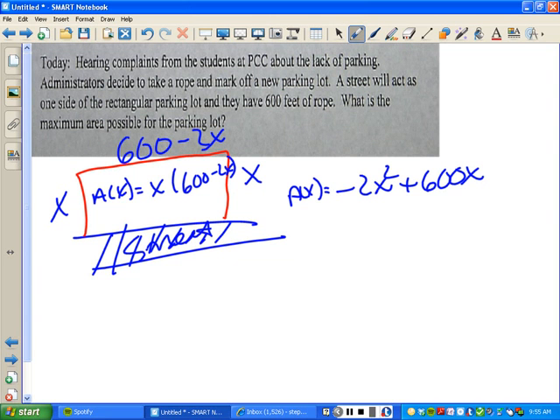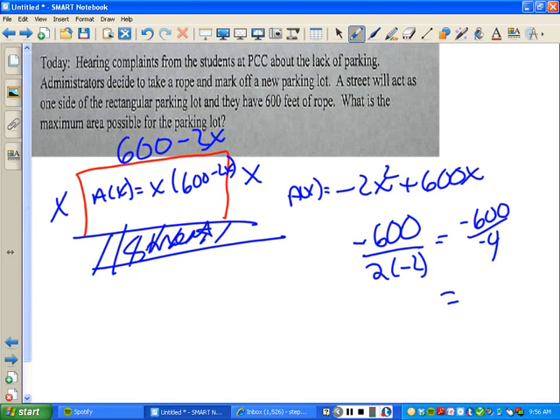Now, how do you find the vertex? Negative b divided by 2a. So you have negative 600 divided by negative 4. x is, I think that's 150. And by I think, I mean it is.